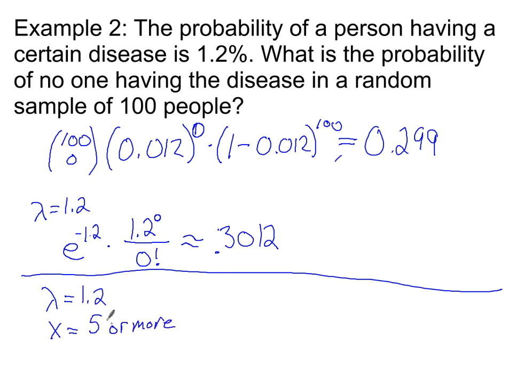Well, this 5 or more, or at least 5, that is when we want to use a cumulative density function, the Poisson CDF. So in this case, we would want to use a Poisson CDF. So I wanted to show you that case.